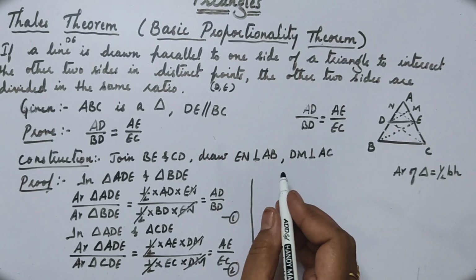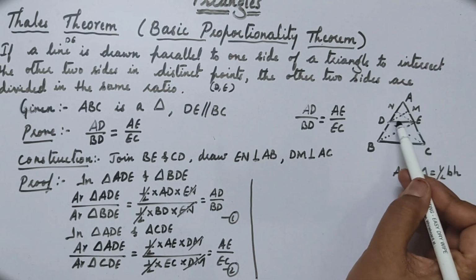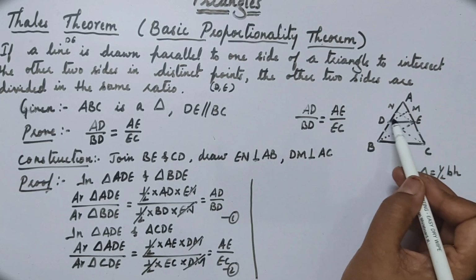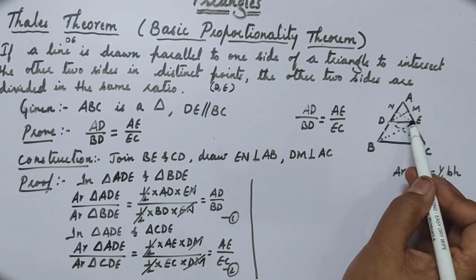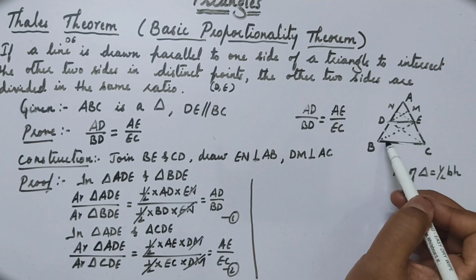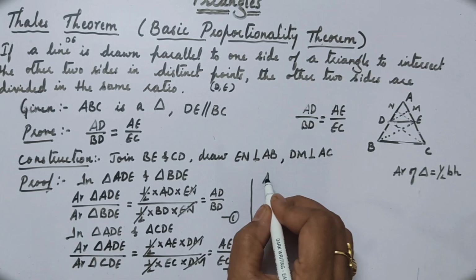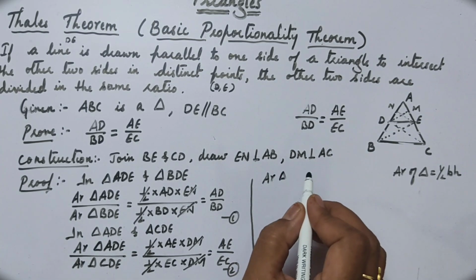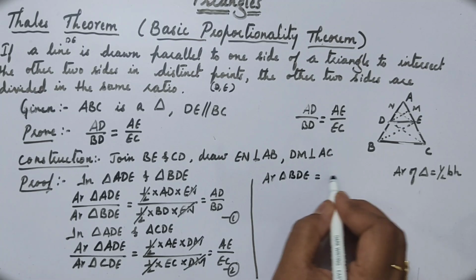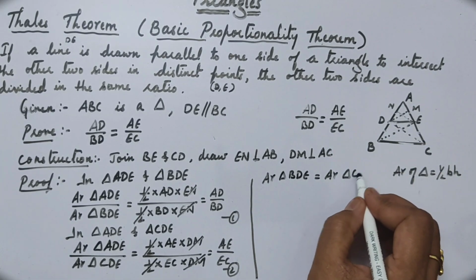Fine. Now as we can see, BDE is one triangle and this is one more triangle. Both are lying on the same base, that is DE, and between the same parallels DE and BC. So we say that area of triangle BDE is equal to area of triangle CDE.